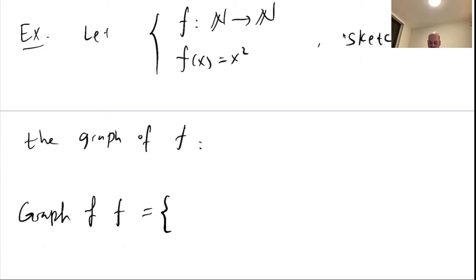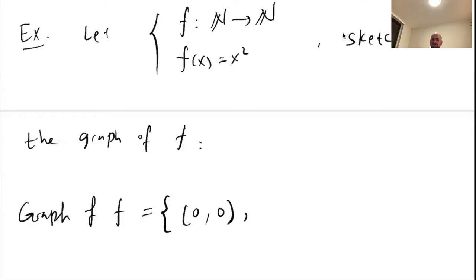Now, what is the first element of N? 0, and then the output should be f of 0, which is 0 squared, and that's 0, right? The graph is all the pairs where the first coordinate comes from the domain, and the second coordinate is f of the first coordinate.